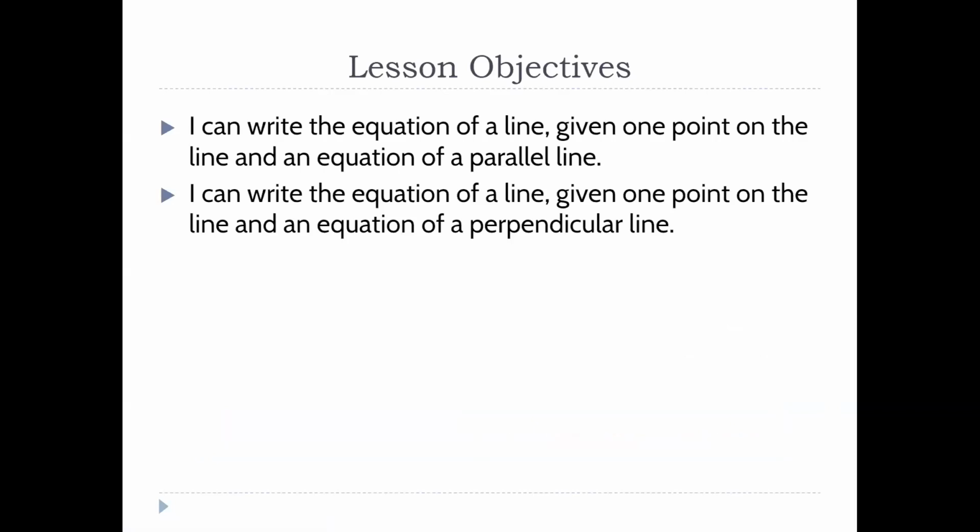So now we're starting to talk about 2 different lines. You got to visualize, okay, we got an equation for one line and we're going to come up with an equation for the second line that's parallel. So that's the first objective. The second one is kind of the same thing, but only now we're talking about a second line that's perpendicular.